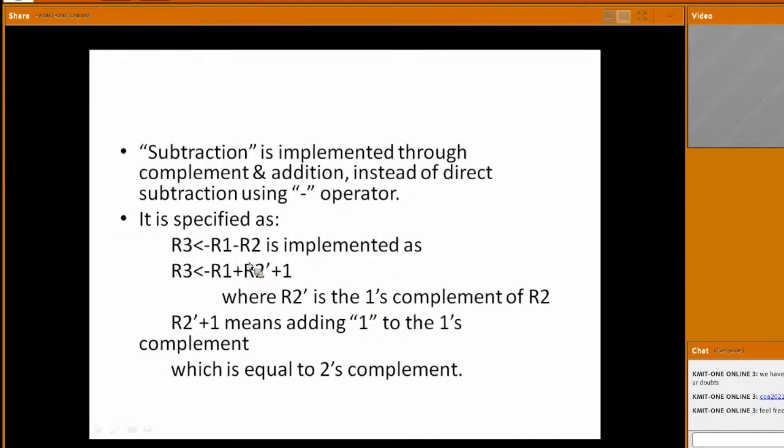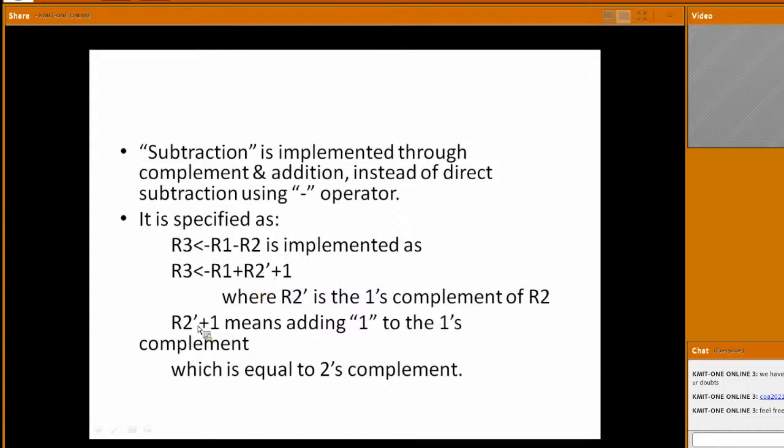Now we'll see what this R2 bar is. You can write R2 bar like this, or you can give a bar symbol just above the register. Both are equivalent. R2 bar means the 1's complement of register R2.